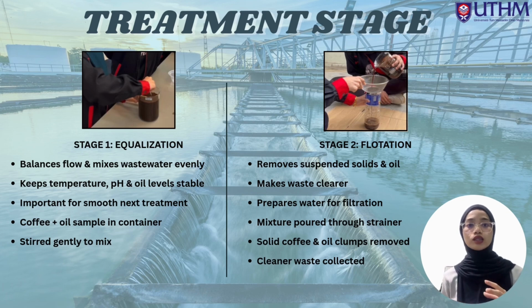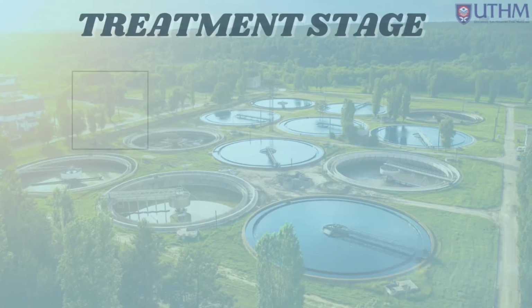We pour it through the strainer. This caught solid coffee particles and oil clumps, so the water that came out was clear. This step is important because it stops bigger particles and oil from blocking the filter in the next stage. So, flotation helps improve water clarity and get it ready for final cleaning.